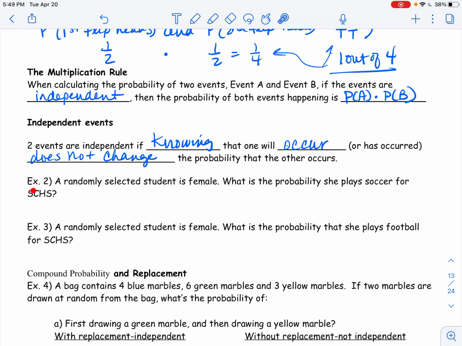So let's take a look at 2 examples. A randomly selected student is female. What is the probability she plays soccer for SCHS, for Samuel Clemens? Are these independent? Yes. So these are independent because, well, we have girls soccer.